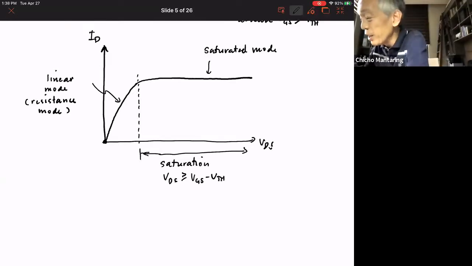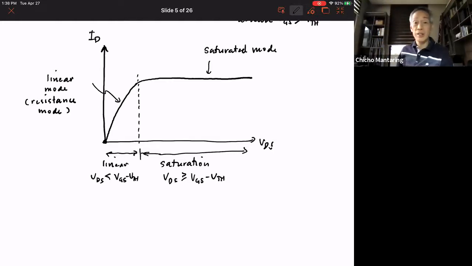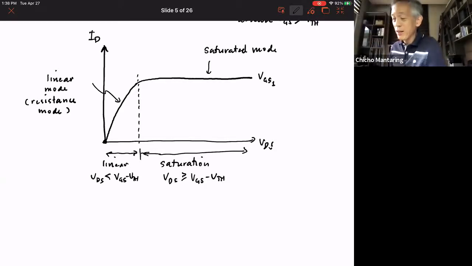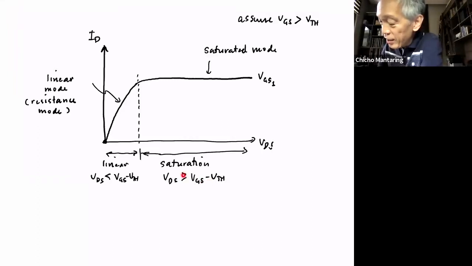Okay, that is when it goes into saturation. So here, this is the linear mode. Here VDS is less than VGS minus VTH. So this is for a particular value of VGS. Let's call this VGS1. So when VGS1 minus VTH is less than or equal to VDS, it saturates.